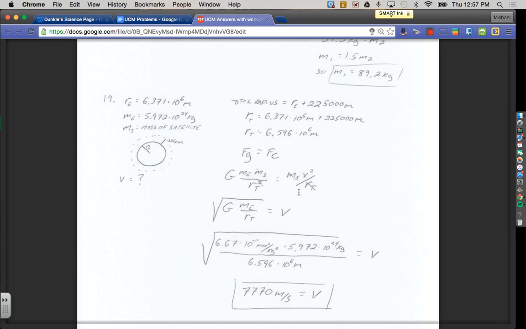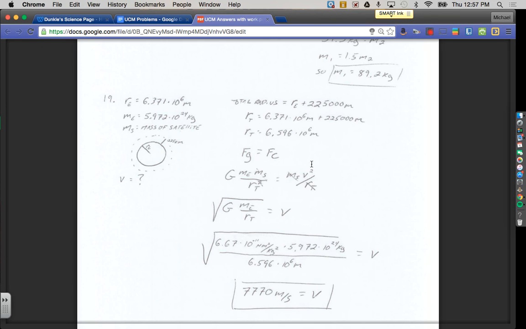Remember, the mass in the centripetal force is the mass of the thing that's orbiting, which is the satellite. Notice mass of satellite is in both sides of the equation, so they will cancel. I have an r in the bottom and another r in the bottom, so they will cancel. But over here I've got two r's because it's r squared, so that's why the squared goes away and gets rid of that r total.